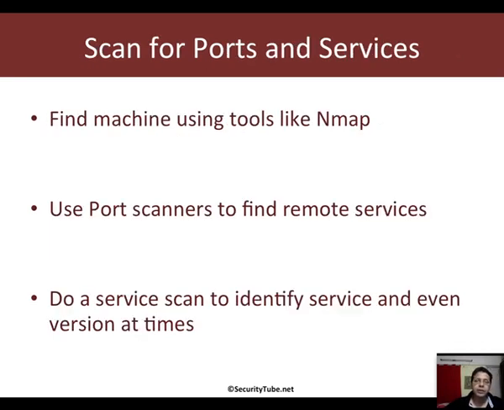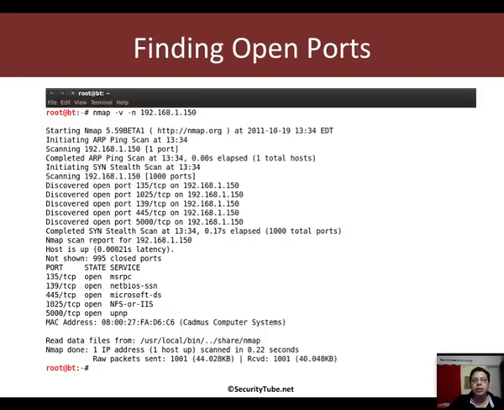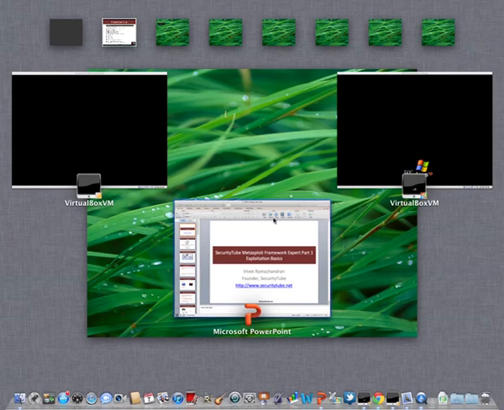So the very first step which we spoke about was to scan the IP address and find the ports and services, right? You would use tools like Nmap to do that. So let's go ahead and do this. I have my Backtrack machine, which is the attacker, and the Windows XP machine, which is the victim.